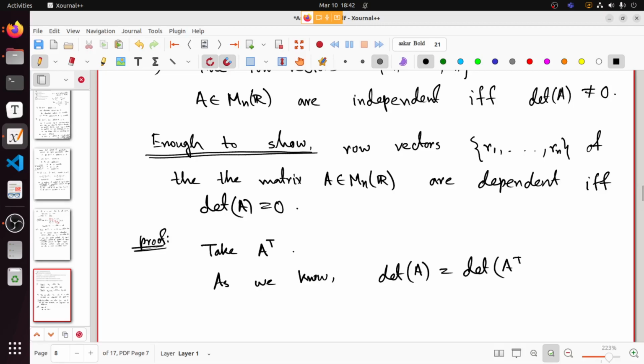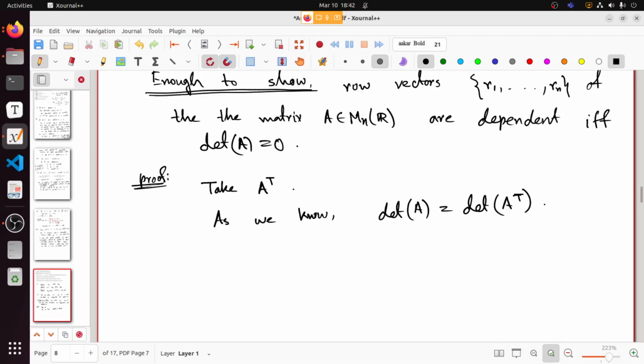If we transpose it, then the determinant remains the same. So the determinant of A being 0 is if and only if the determinant of A transpose is 0.